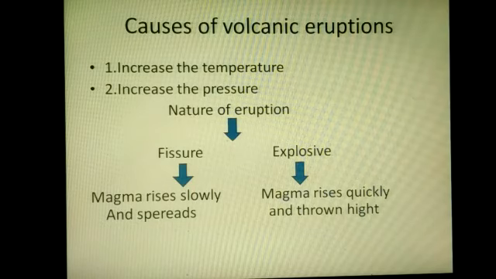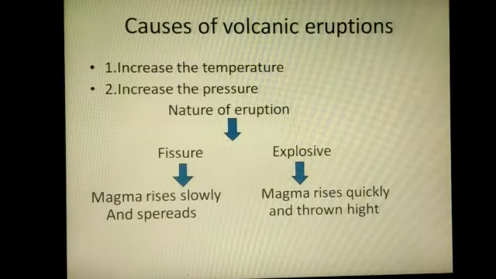Nature of eruption. The volcanic eruption is of two types. One is fissure, where the magma rises slowly to the surface and spreads over a vast area. The Deccan Plateau in India was formed in this way.